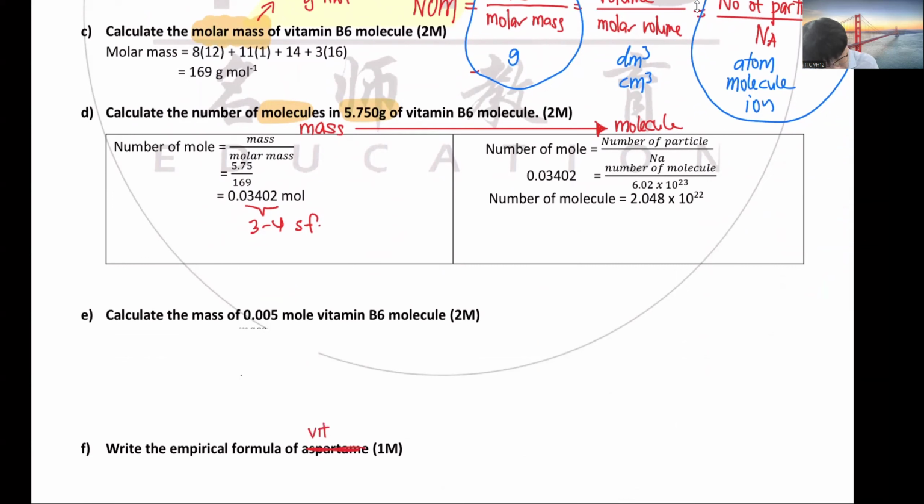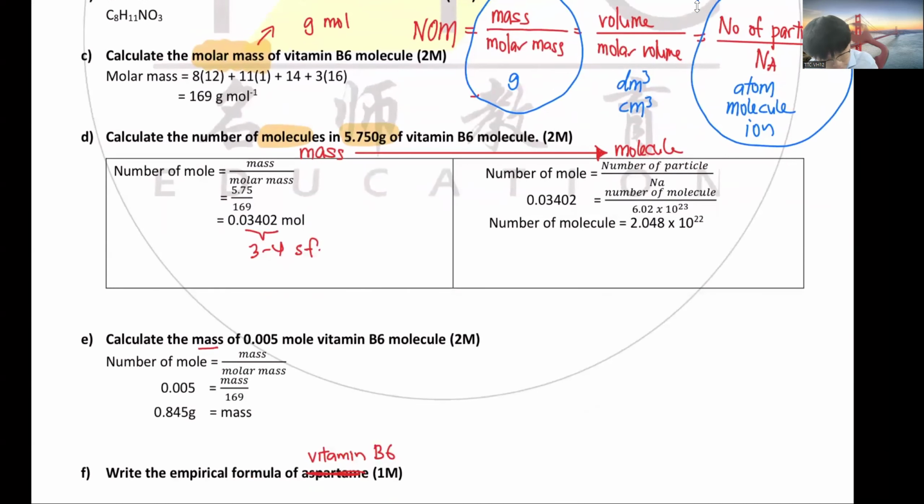Vitamin B. Okay, so this one, they want to get the mass up. So standard, this one is a very basic question. Okay, the formula now is C8H11NO3.